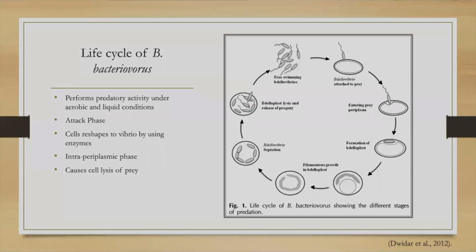This is the life cycle of Bdellovibrio bacteriovorus, where it's basically a predatory bacterium that relies on its prey as the source of its life. It goes through the attack phase where it seeks its prey. Once it finds its prey, the bacterium uses the Bd1075 protein, an enzyme, to alter the shape of the prey inside the periplasm, so it can digest its contents and multiply.